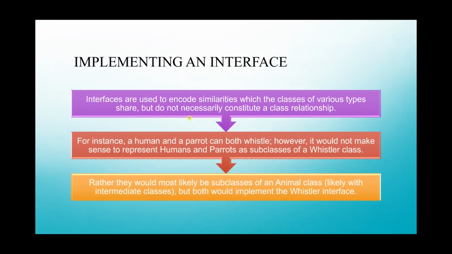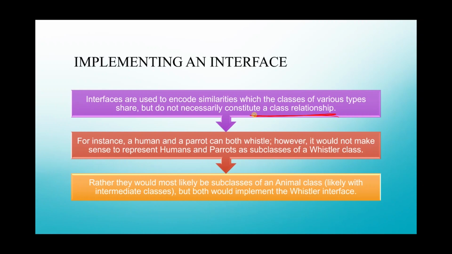Since we are talking about a class implementation, if you're implementing an interface, interfaces are used to encode similarities which the classes of various types share, but do not necessarily constitute a class relationship. For instance, a human and a parrot, they both can whistle, but they're not actually related.